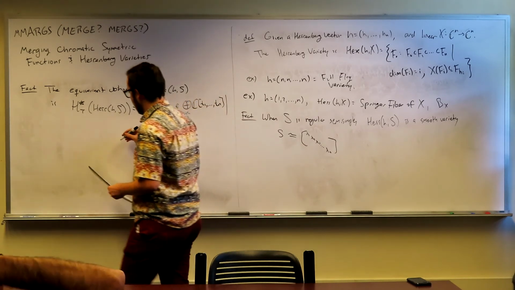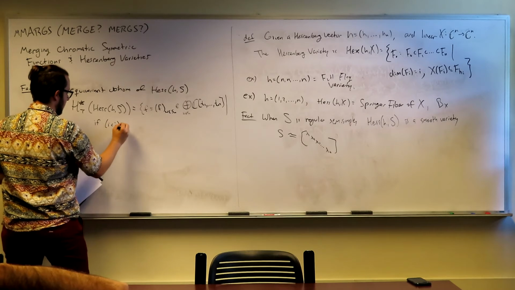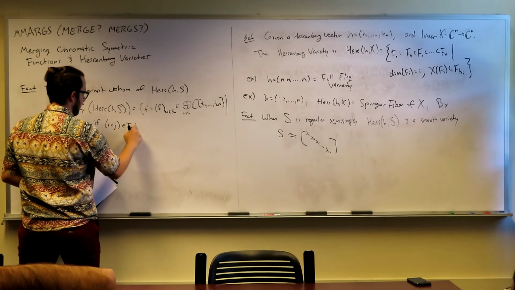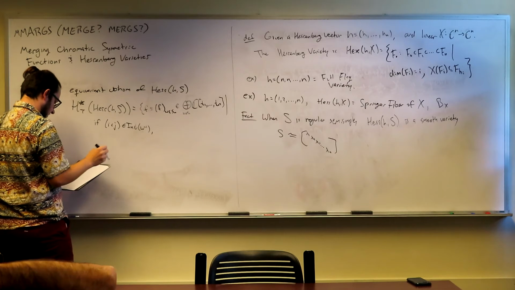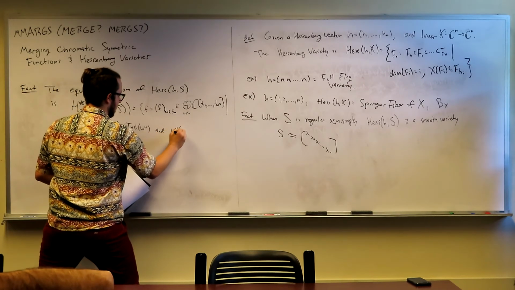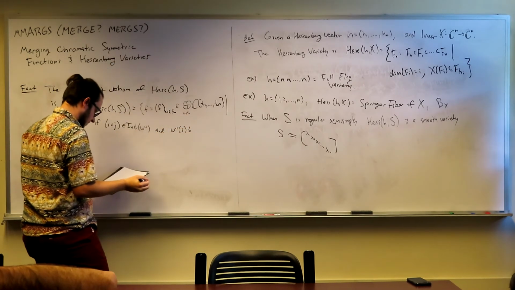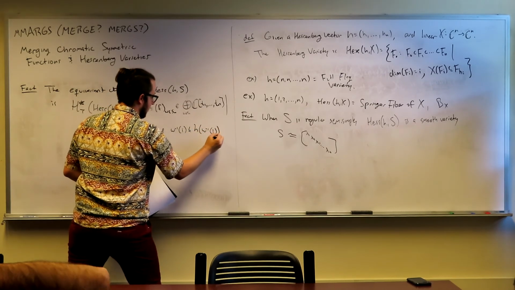I'll write it down. If i less than j is an inversion of W inverse, we need W inverse of i to be less than or equal to H of W inverse of j.